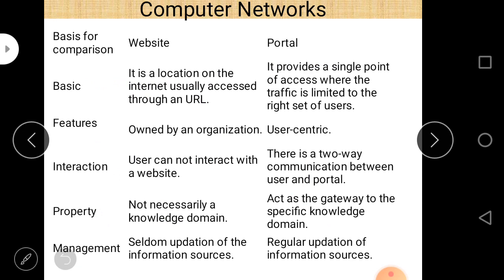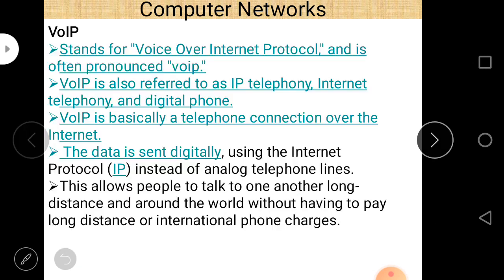Property: a website is not necessarily a knowledge domain, but a web portal acts as the gateway to a specific knowledge domain. Last point, management: seldom updation of information sources for a website, and regular updation of information sources for a web portal. This is the difference between website and web portal.